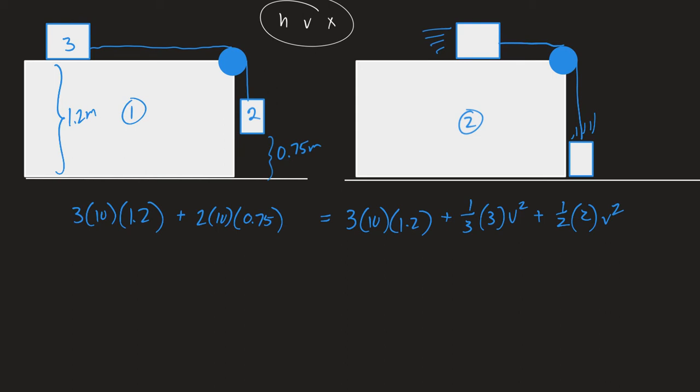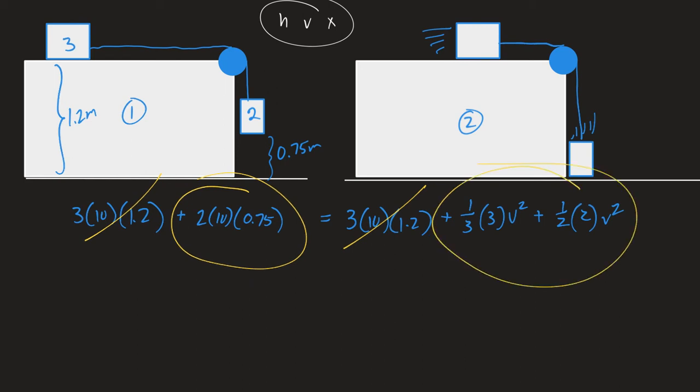So when I look at this problem, I hope you see it too. This canceled out. The real energy of the system started in a potential energy of just the one box, the hanging box. And that gave us kinetic energy in both boxes.